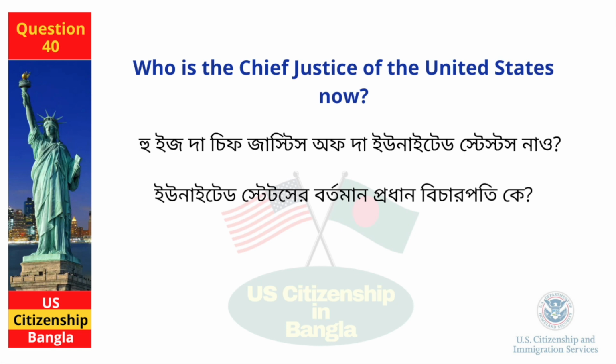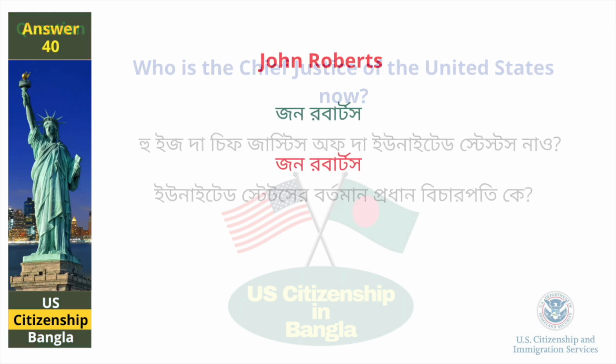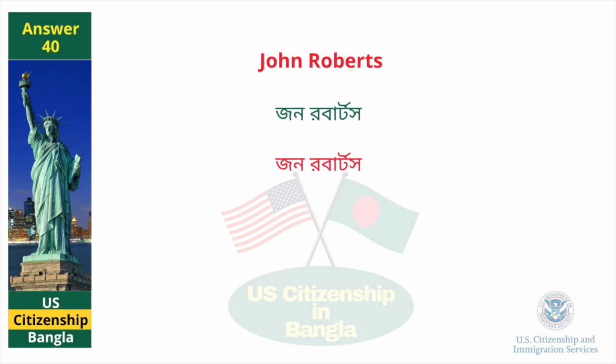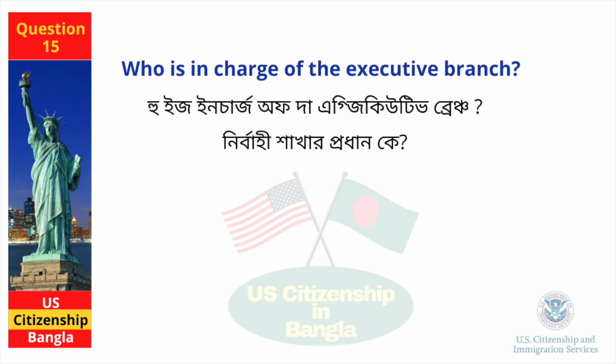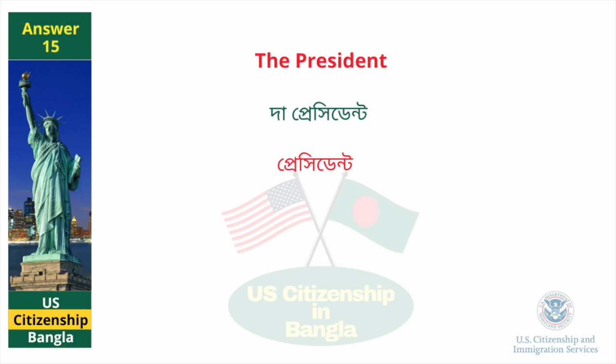Who is the Chief Justice of the United States now? John Roberts. Who is in charge of the executive branch? The President.